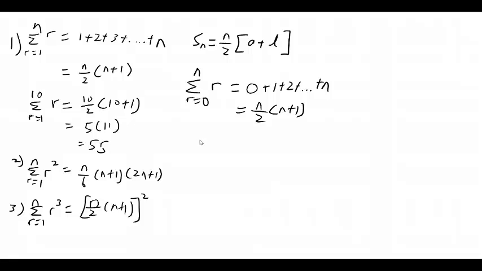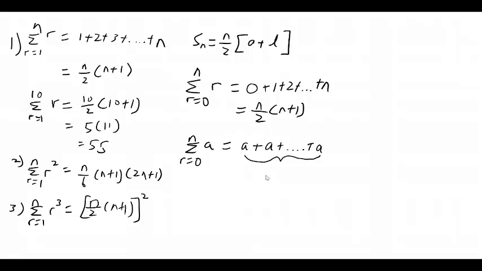However, this doesn't apply to everything. For example, if you want to sum up a constant, but I don't want to start from 1, I want it to start from 0, will the answer change? The answer is yes. Why? Because when you sum up the a, how many a's will you get in total when you start from 0?